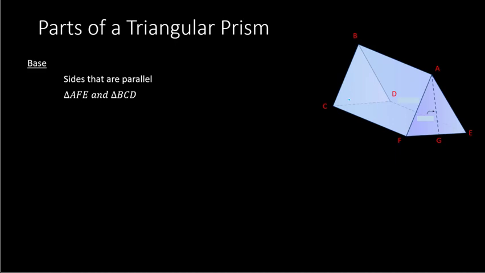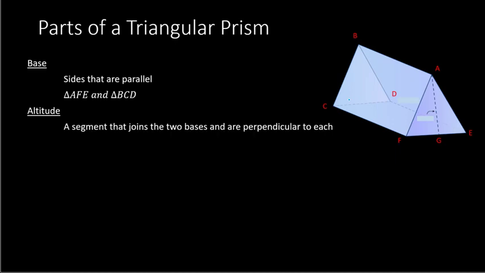And then the altitude, or the height, is going to be the segment connecting the two bases. So it's connecting the two bases and perpendicular to those bases. Like the segment BA, for example. So up here from B to A, that is one altitude. It's connecting the two bases. Or you could have CF.